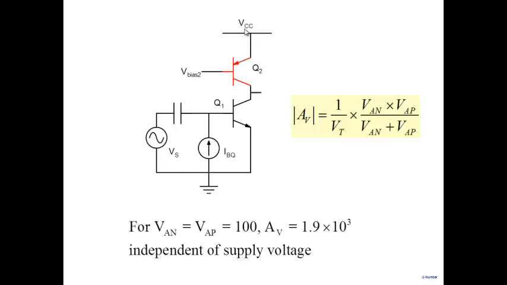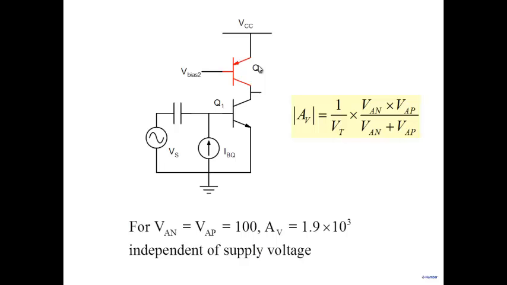All right, so you can see the power of this circuit: very high gain at 1.5 volt. If you recall earlier, we were saying that if you want a gain of 1000, we were requiring 26 volt. Now with this stage, we have a gain of 2000 at 1.5 volt, independent of supply voltage. All that you have to do is keep Q1 and Q2 out of saturation. That's all.